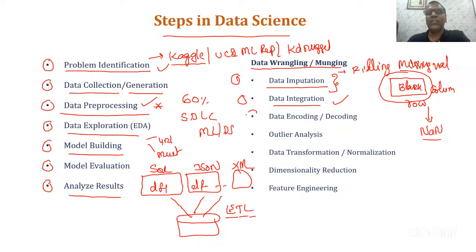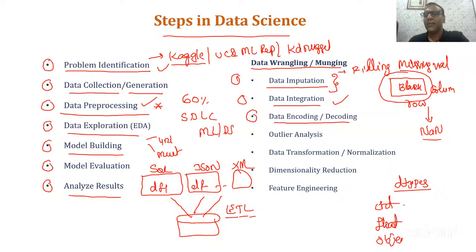The third stage is called data encoding and decoding. What is the meaning of data encoding? Whenever you take any database, first of all, we should study the data types. It can be done by using an attribute called dtypes. Basically, the data will be represented in the form of integer data, float data, or object data.